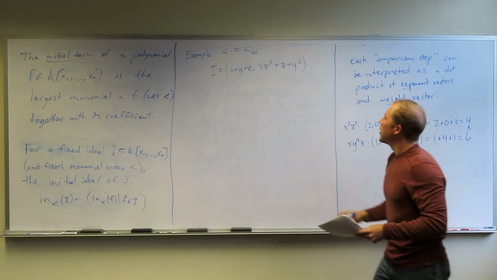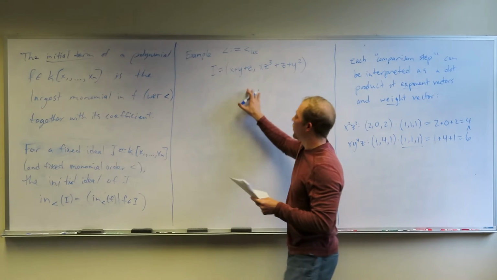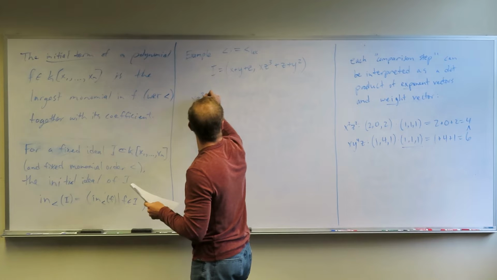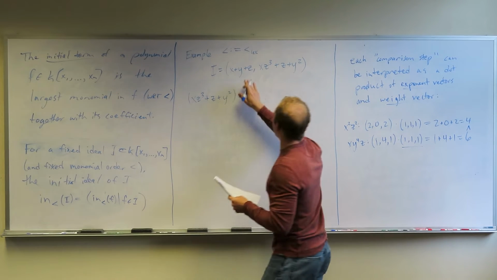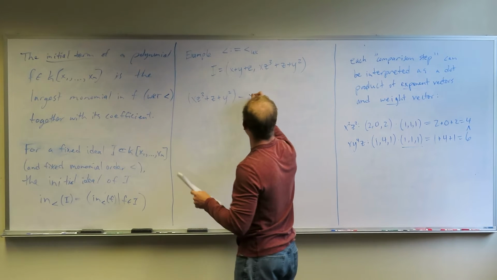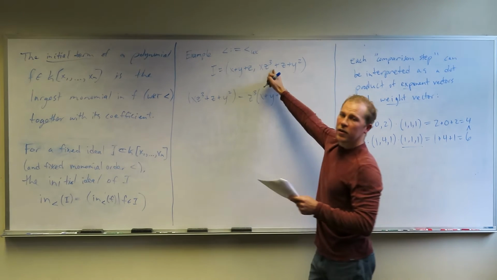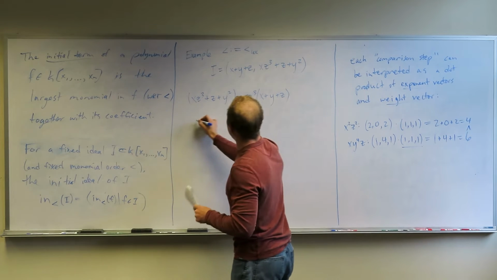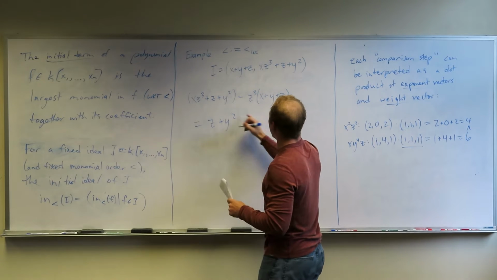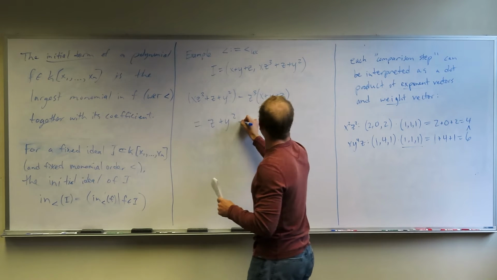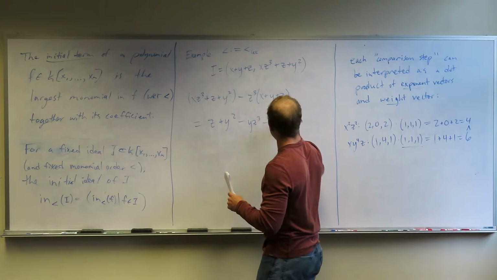Okay, so what I'm going to do first is just find a new element in I. I can take this xz cubed plus z plus y squared, and then I'll subtract off this, but I'll multiply it by z cubed. Really, I'm trying to make this thing sort of go away somehow. And so I get z plus y squared. That goes away, you know, xz cubed minus xz cubed. I get minus yz cubed minus z to the fourth.